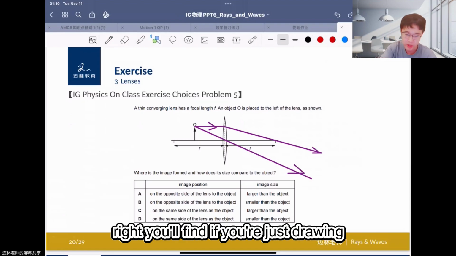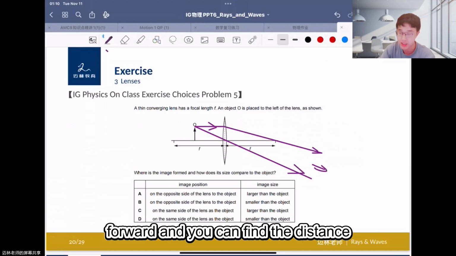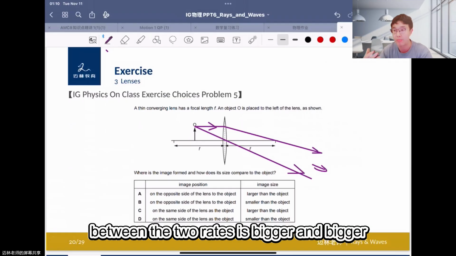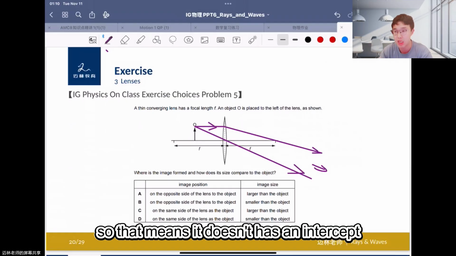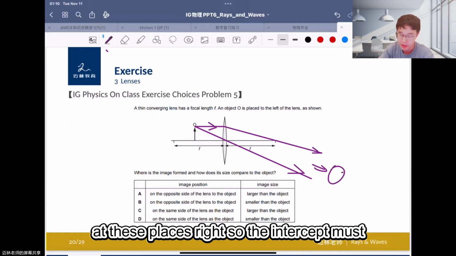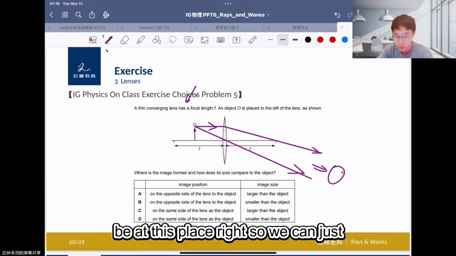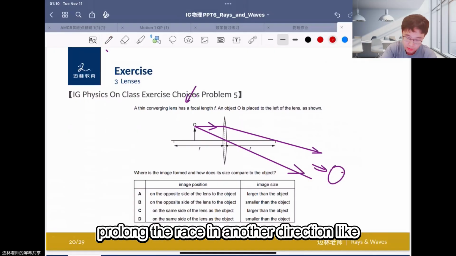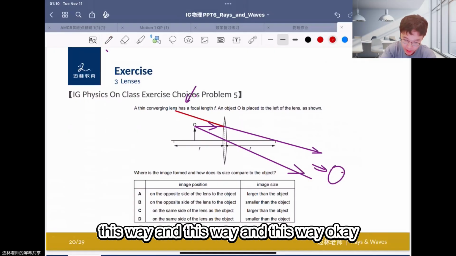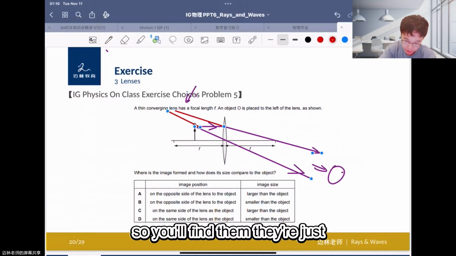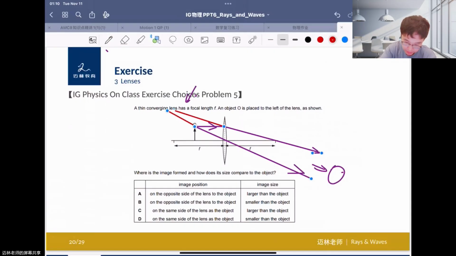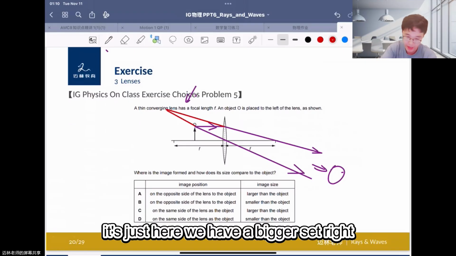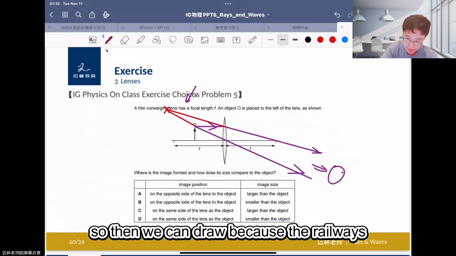Maybe you can just draw two rays. If you draw forward, you can find the distance between the two rays gets bigger and bigger, so they don't intersect at these places. So the intersection must be at this place, and we can prolong the rays in another direction, like this way and this way. So here we have an intersection.